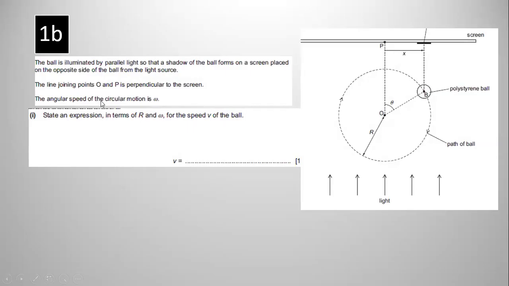The angular speed of the circular motion is omega. In circular motion it is angular speed, whereas in simple harmonic motion it is called angular frequency. It's the same, omega. Write an expression in terms of r and omega for the speed, memory work.